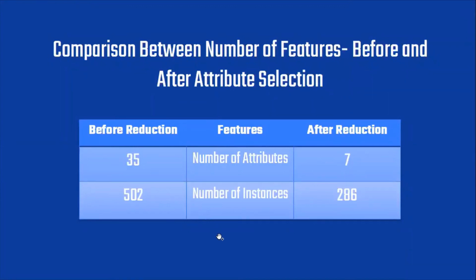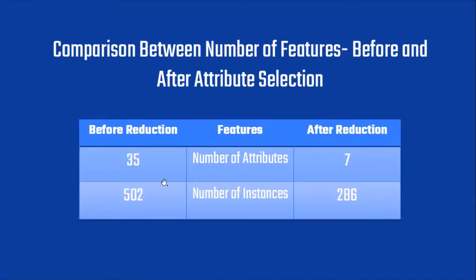We can see the comparison between the number of features before and after the attribute selection: the number of attributes and the number of instances. For the number of attributes, before reduction we get 35, while after reduction, only 7 remain.